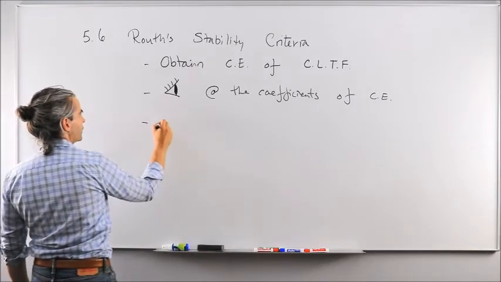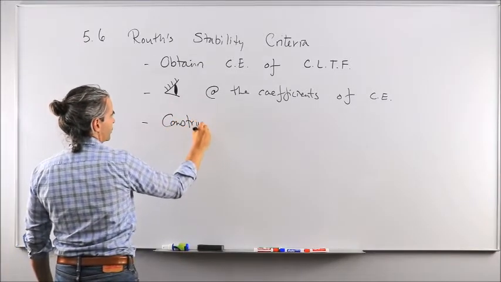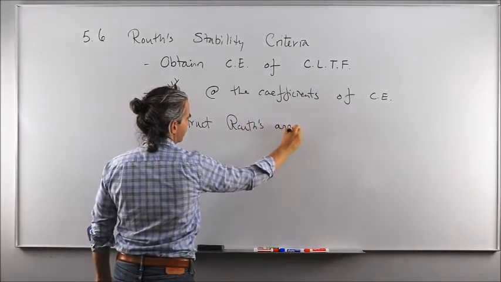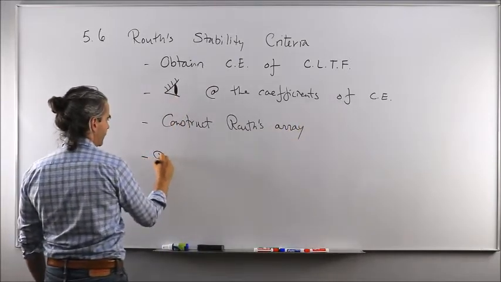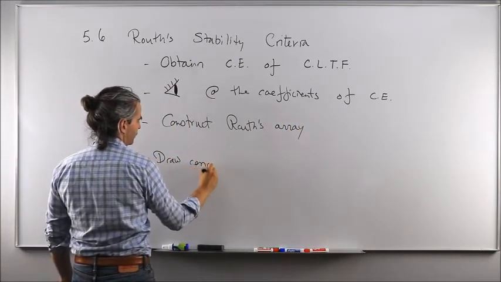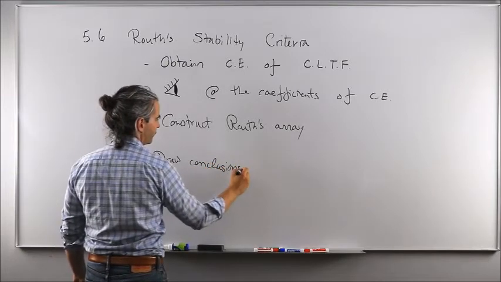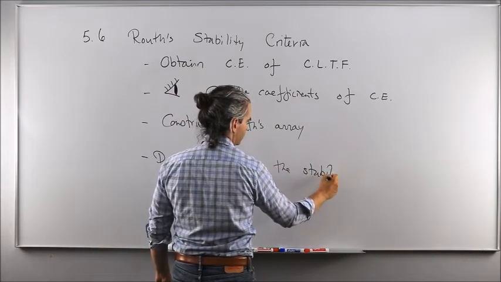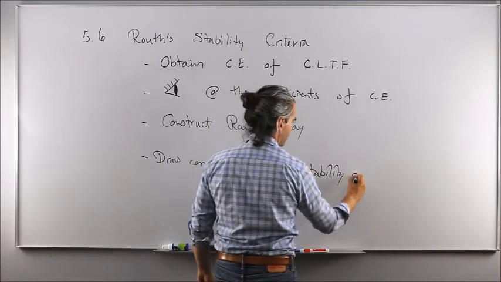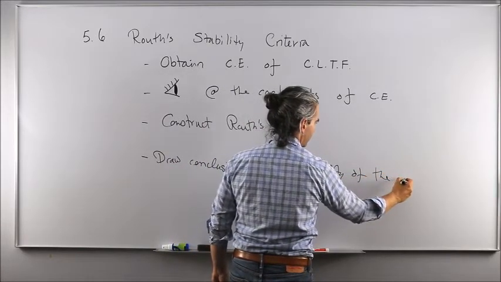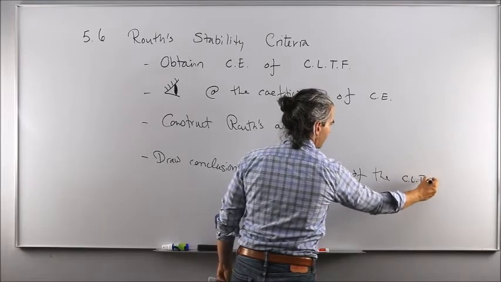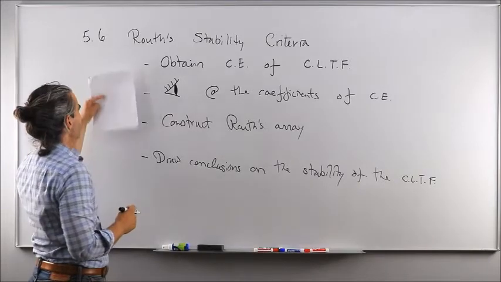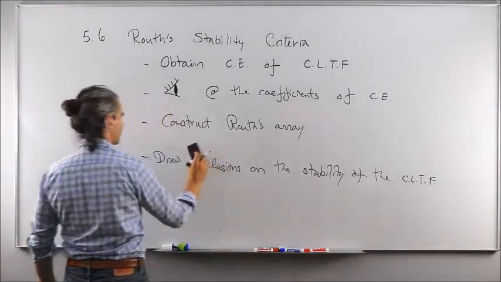Look at the coefficients, construct the Routh array, and then draw conclusions regarding the stability or asymptotic stability of the closed loop transfer function. Okay? So that's going to be the bulk of this section. How do we do that in practice, essentially?